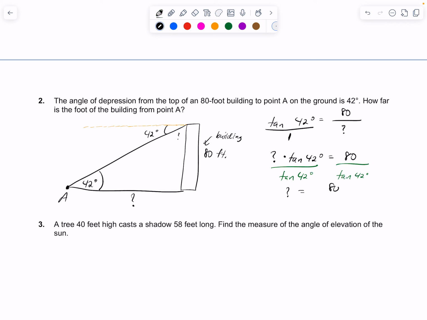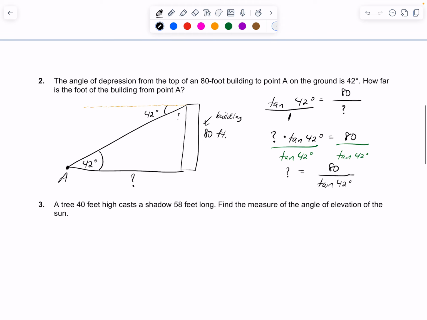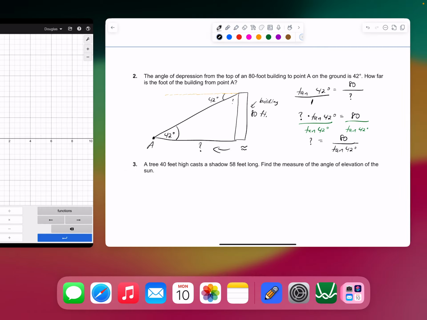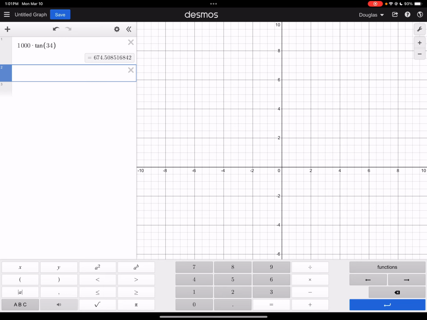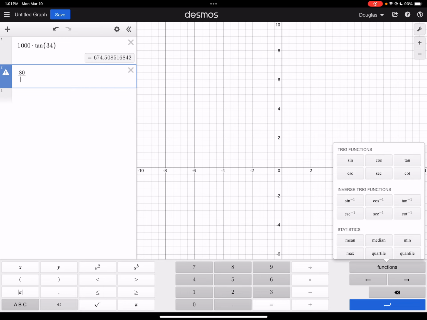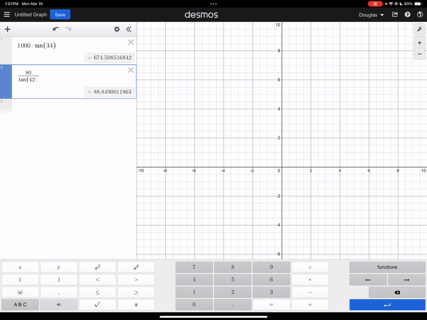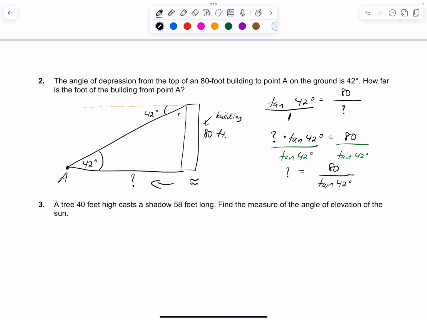So my exact answer is 80 over the tangent of 42 degrees. To get an approximate value, I'll use the calculator. To the nearest hundredth, that's 88.85 feet. That is my approximate distance from the foot of the building to point A.